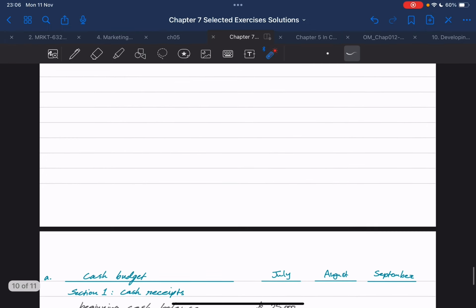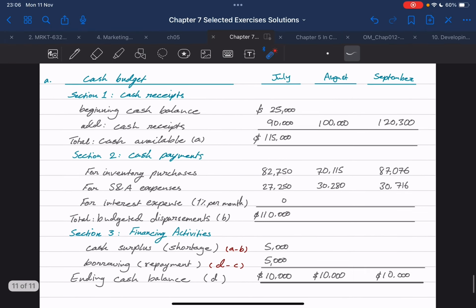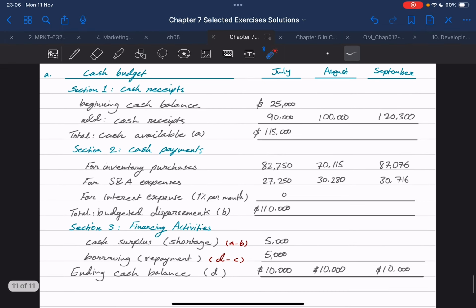So what I've done, I've already prepared or copied the data from the question here, just so I don't waste your time with this. Let's go over and see how we can solve this. Okay. For July, we have all the numbers. So let's go over them real quick. We have the beginning cash balance here of $25,000.